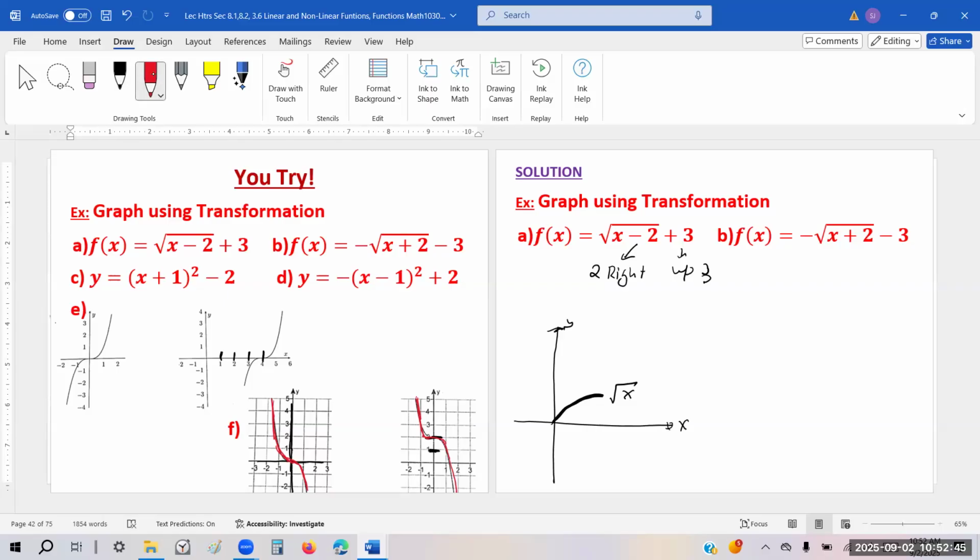Now we're shifting this parent: take the origin, go 1, 2, and from that position, go 1, 2, 3 up, and then draw the same graph here.